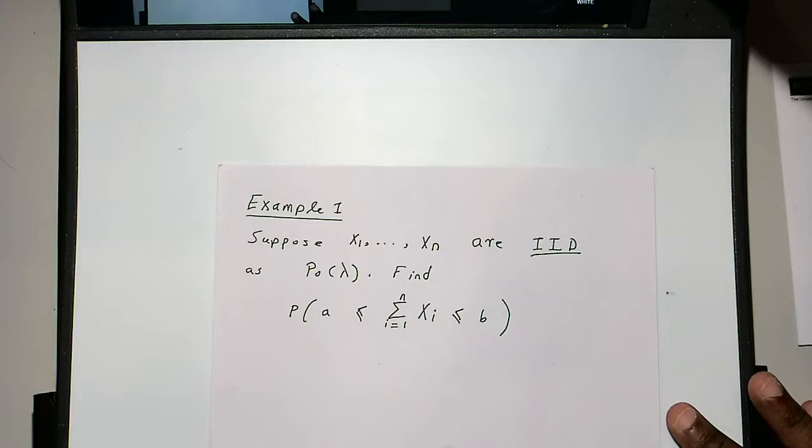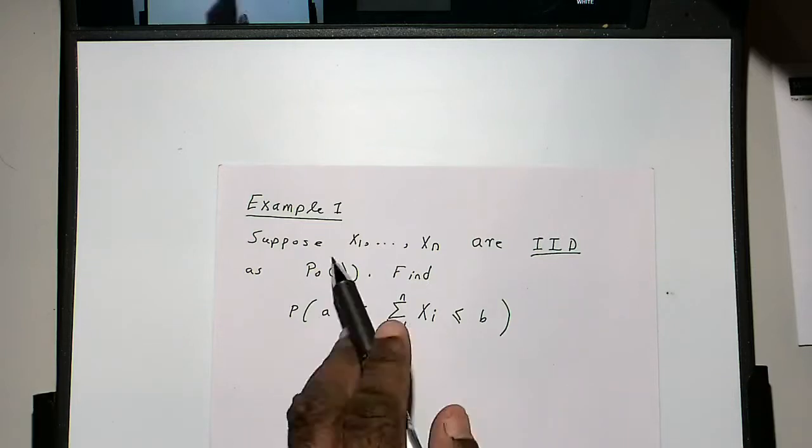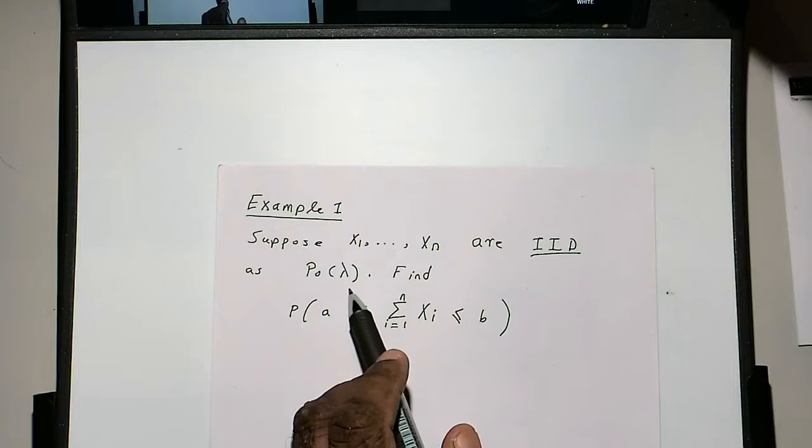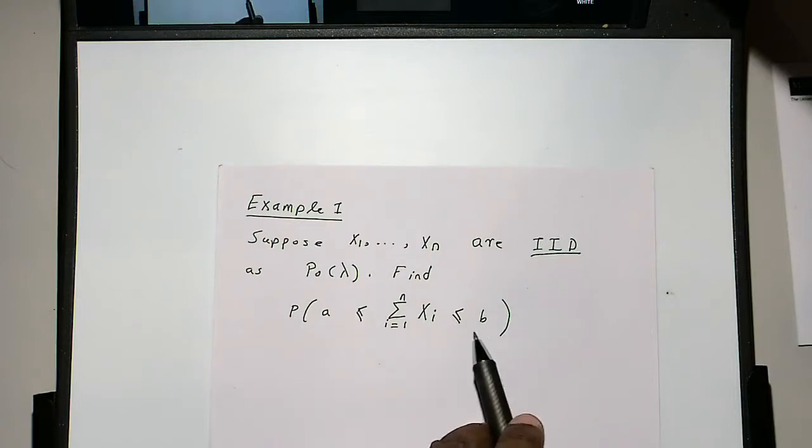I hope you know what it is. So we want to find the probability that you have a random sample from a Poisson distribution with parameter lambda, and we want to find this probability.